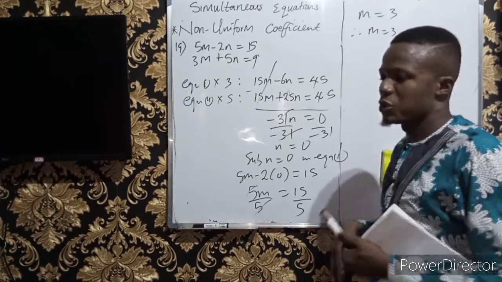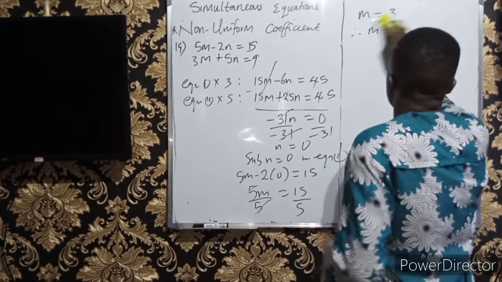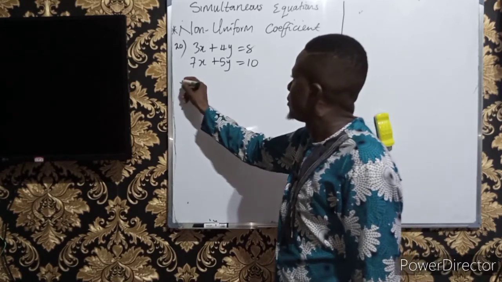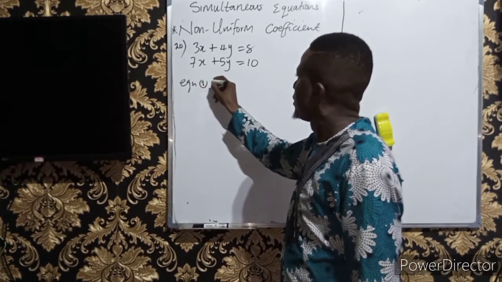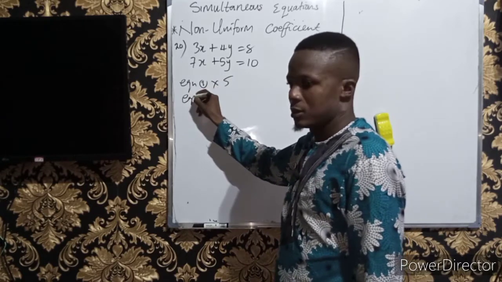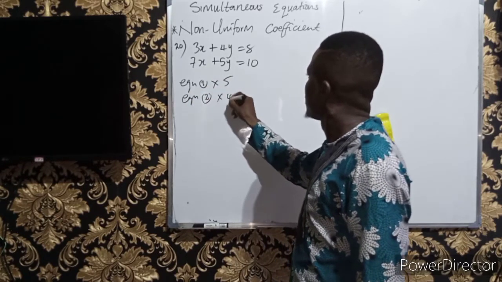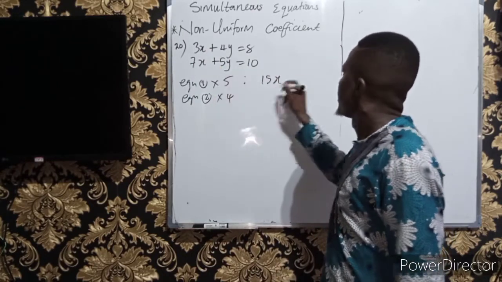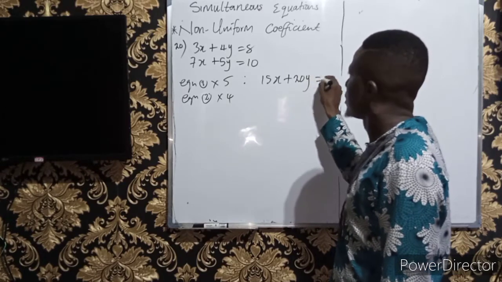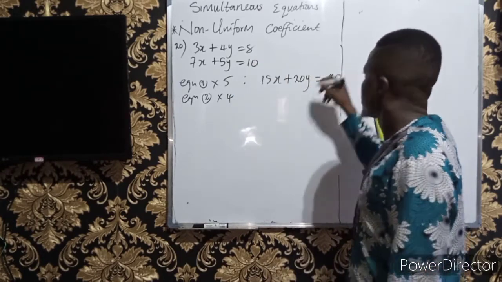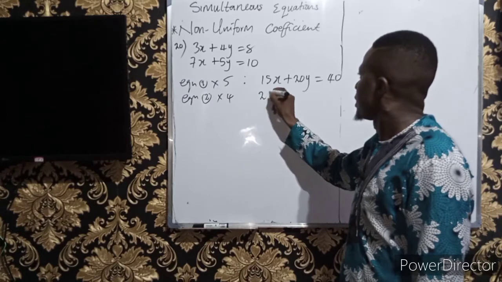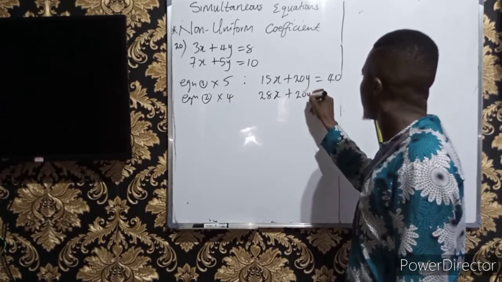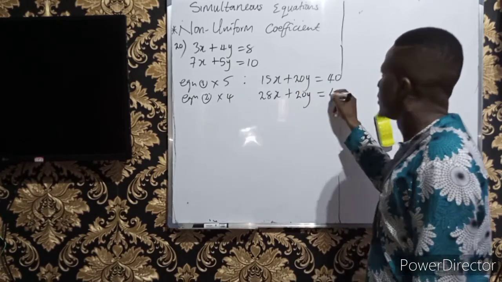Let us solve this 20th question. Wow, we are progressing up to 20 now. So in this 20th question, let's eliminate y. So I will swap the coefficient and multiply equation 1 times 5 and equation 2 times 4. 5 times 3x is 15x. 5 times 4y is 20y. 5 times 8 is 40. 4 times 7x is 28x. 4 times 5y is 20y. 4 times 10 is 40.